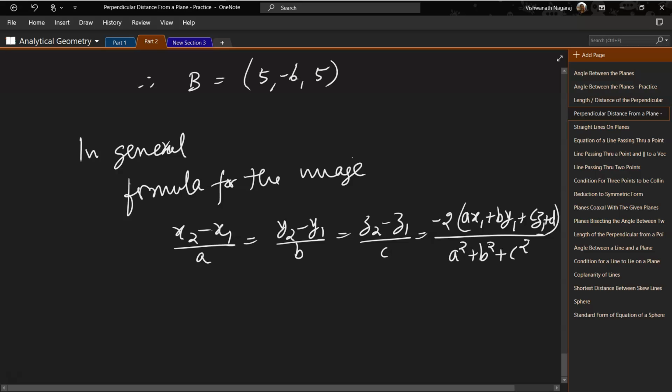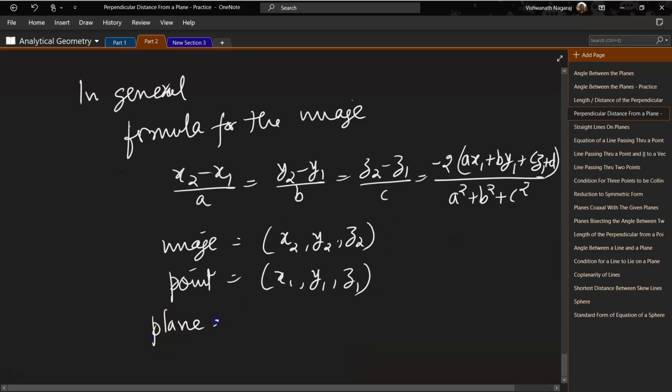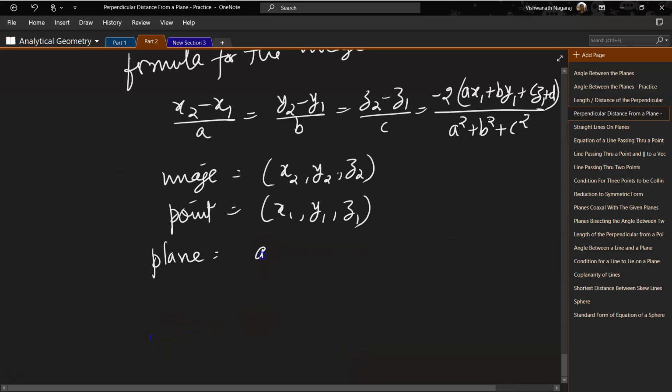Here the image is x2, y2, z2, the given point is x1, y1, z1, and the plane is ax plus by plus cz plus d equal to 0. So that's it.